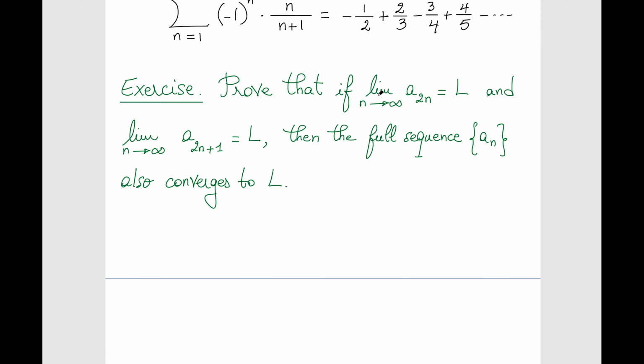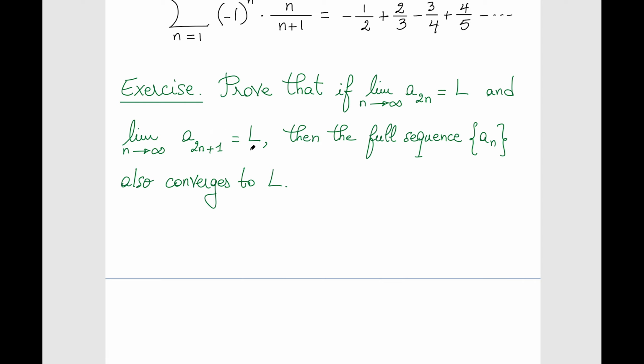So let's assume that the sequence of even ranked terms of a sequence is converging to a limit L, and let's assume that the limit as n goes to infinity of those terms, and what are those terms? Those are the terms that have odd ranks in the sequence a_n.